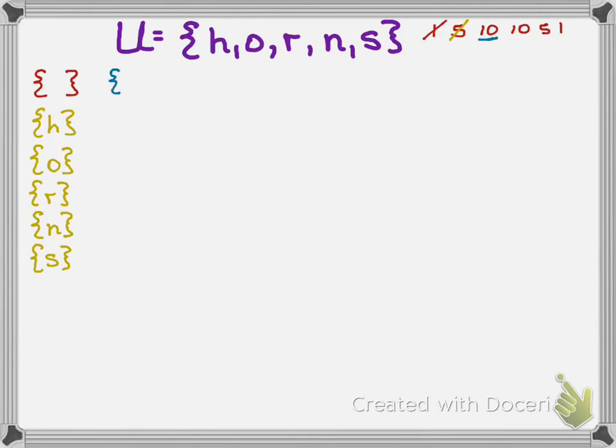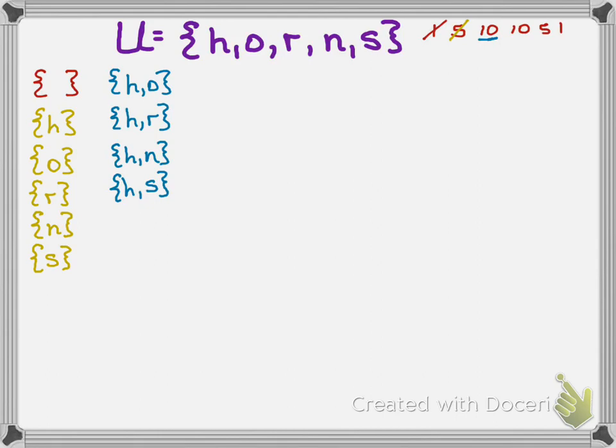First, H, O. Then we're going to do H, R. Then I'm going to start with H, and I'm going to N, and then H and S. So that's everything starting with my H.